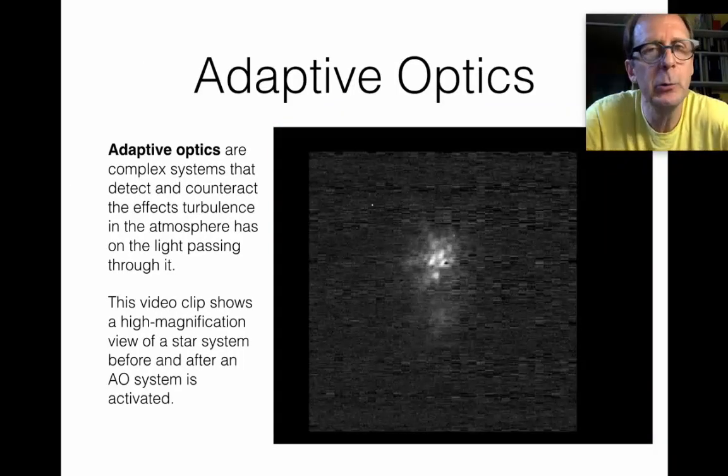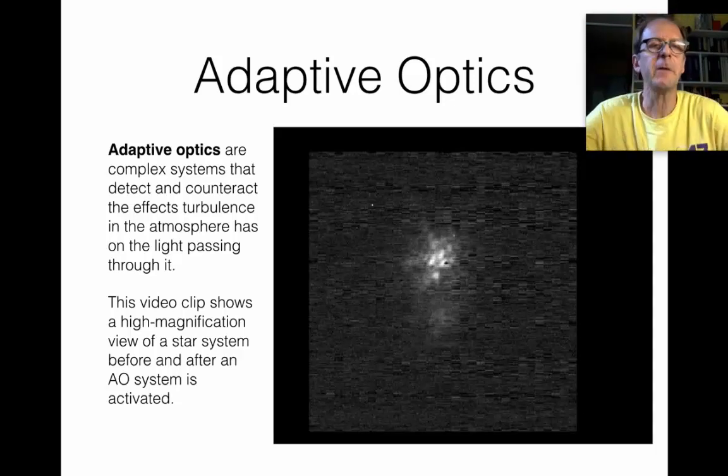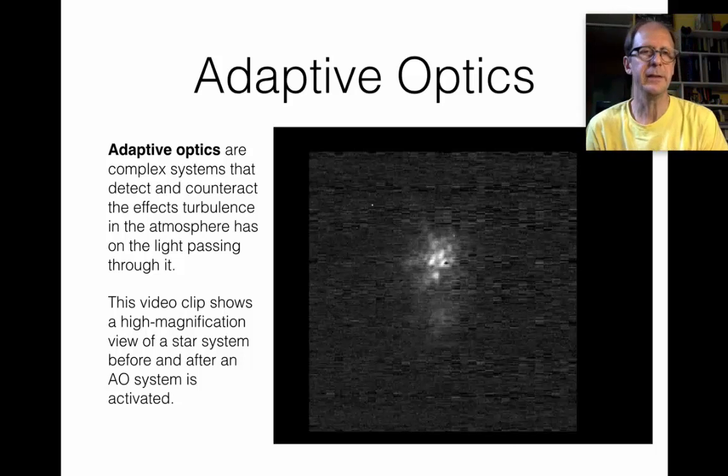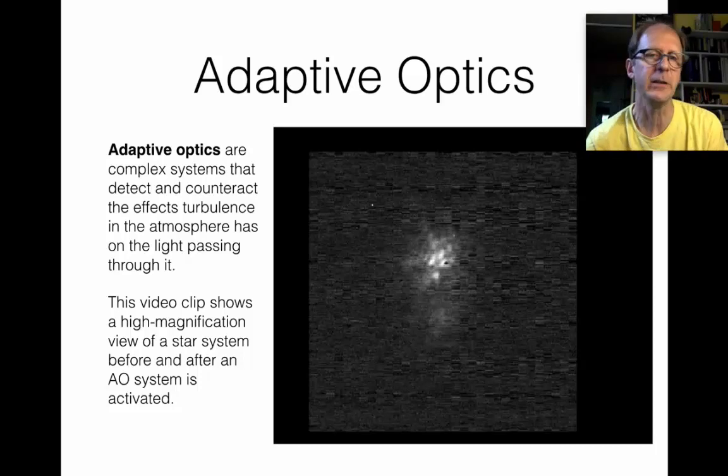Okay, back to adaptive optics that I mentioned briefly earlier. Adaptive optics are a technological solution to seeing, where you put some kind of device in the telescope that somehow detects and counteracts the effects of turbulence on the light that passes through the atmosphere.